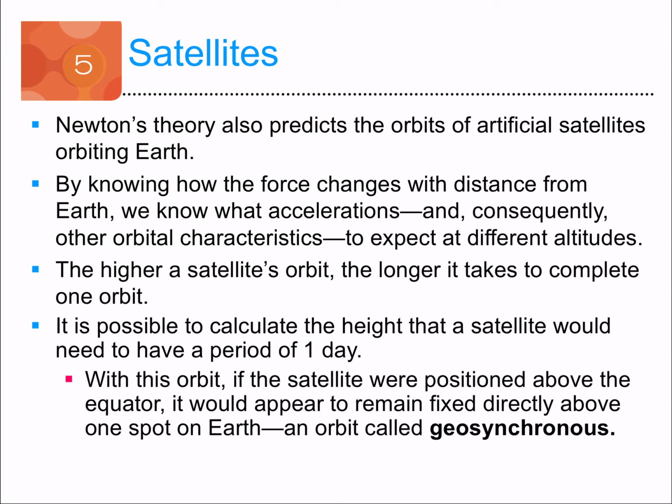The higher the satellite is in the orbit, the longer it takes to complete one orbit. If our satellite was positioned directly above the equator, it would appear to be fixed on one spot on the Earth, and that would be what's called a geosynchronous orbit.